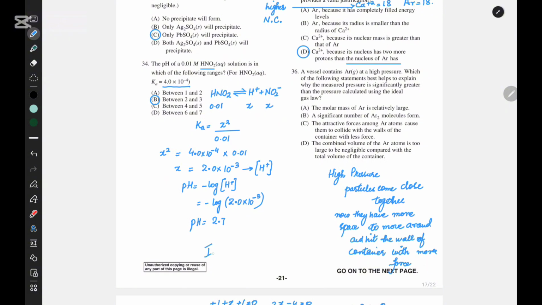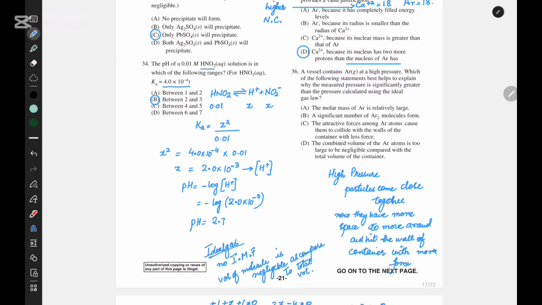Because in ideal gas, what is ideal gas? That is having no intermolecular force, and the volume of molecule is negligible as compared to total volume.